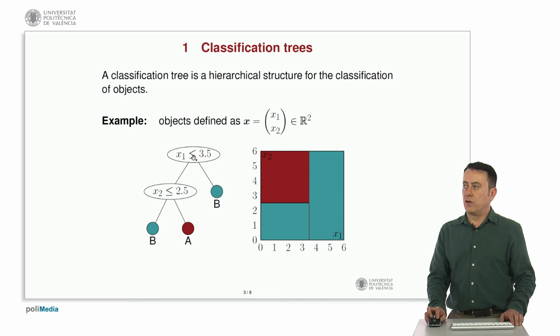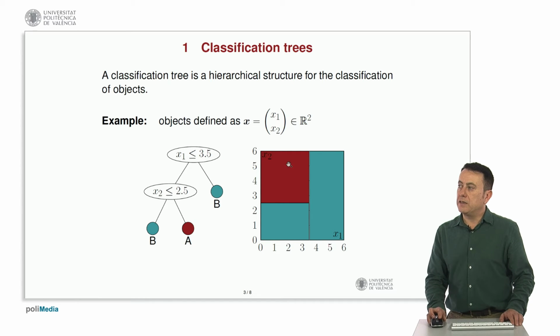Then for the remaining objects, all having less than 3.5, we have this area here, and it is divided in 2 parts, which correspond to objects that have a value for feature 2 larger than 2.5 or smaller. So this leaf corresponds to this rectangle, and this leaf corresponds to this rectangle. Okay.